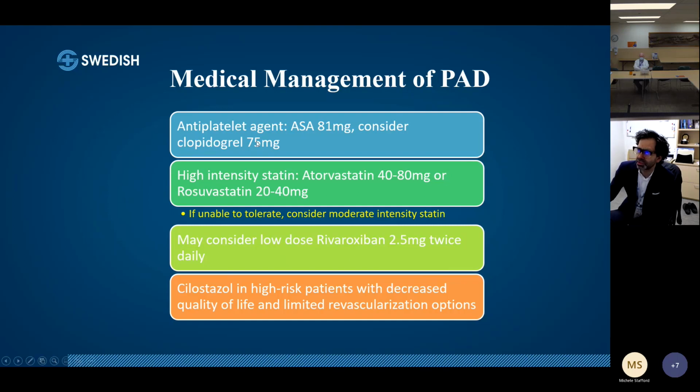But I thought that 20% was a pretty impressive number, and so I generally counsel PAD patients to consider taking both. They should all be on a high-intensity statin until they hit age 80, and after age 80, any statin is acceptable according to the AHA. May consider low-dose rivaroxaban, 2.5 milligrams twice daily, for cardioprotection.